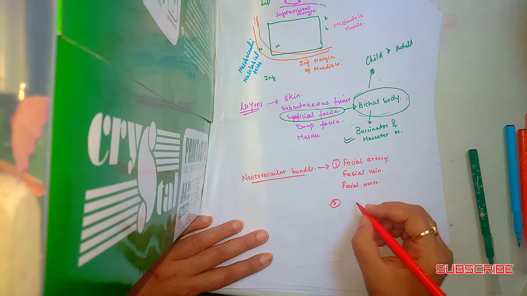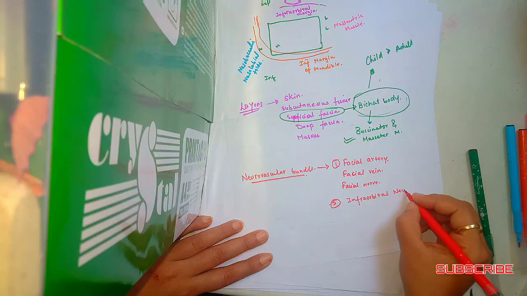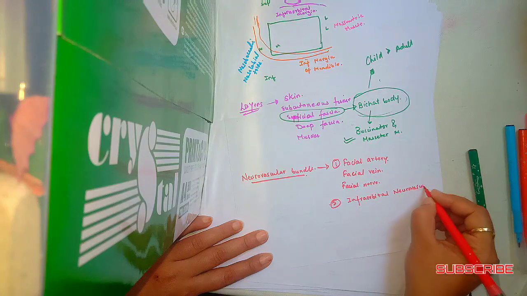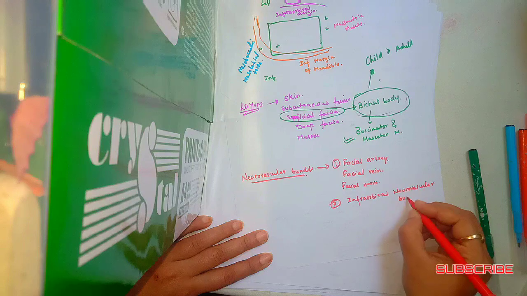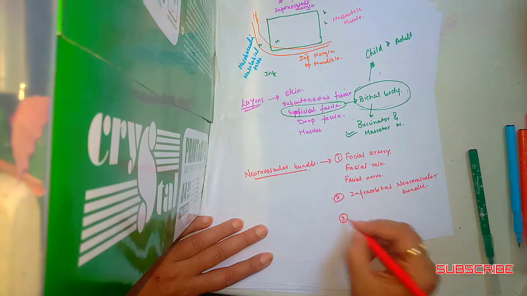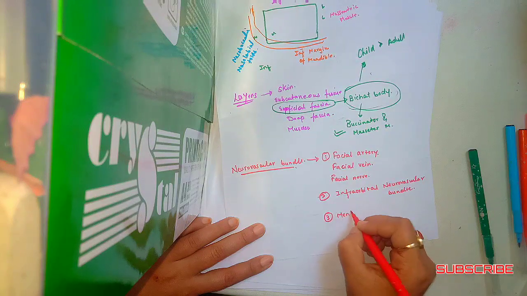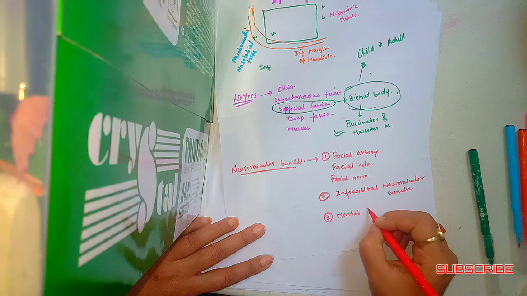Second is the infraorbital neurovascular bundle, right? And the third is the mental neurovascular bundle.